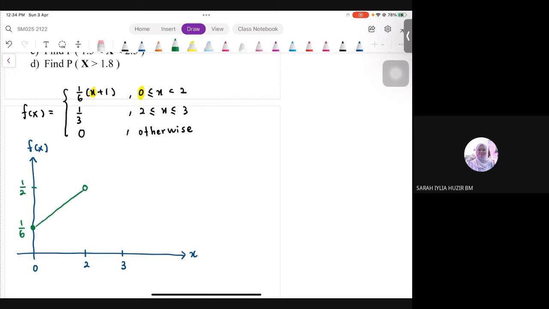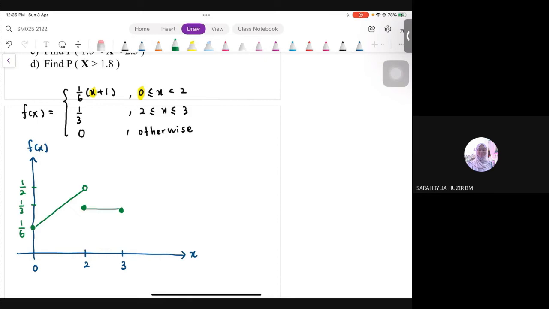Okay. Next part, moving on to the second function. So when x is 2, our fx value is 1 over 3. So I just label 1 over 3 and it's included. So then circle. When x is 3, fx is still 1 over 3 and it's included.